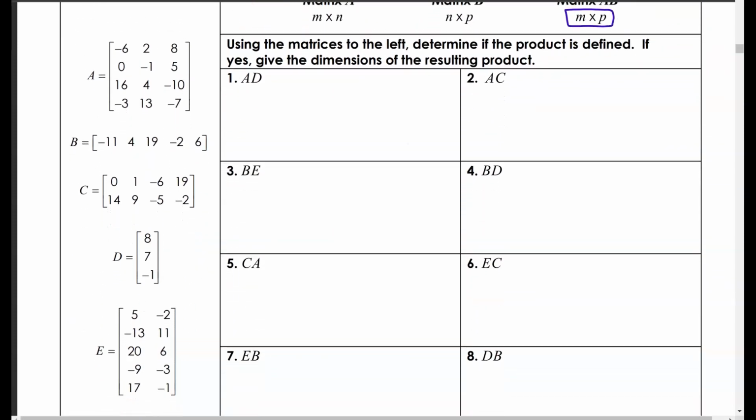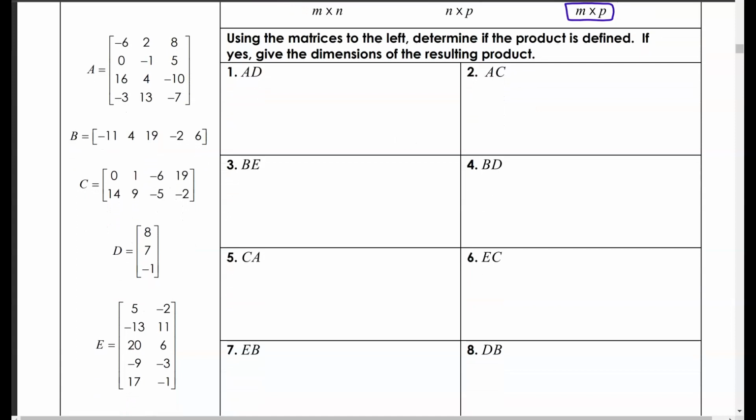Using the matrices on the left, determine if the product is defined. If yes, give the dimensions of the resulting product. So if I'm looking at A, D, notice that matrix A is a 1, 2, 3, 4 by 3, so a 4 by 3. Matrix D is a 3 by 1.